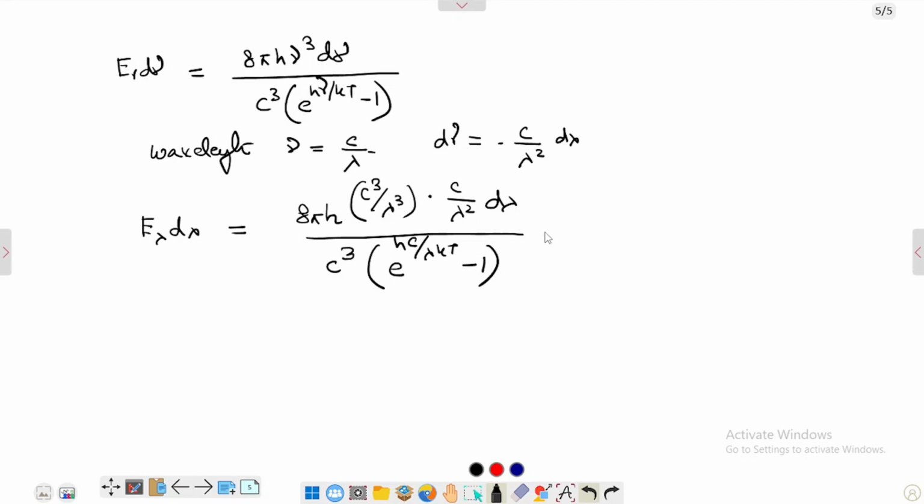So if we do that, this c cube and this c cube will go away, and the equation becomes 8 pi hc d lambda divided by lambda to the power of 5, e to the power hc by lambda kt minus 1. So that gives you the Planck's radiation law.